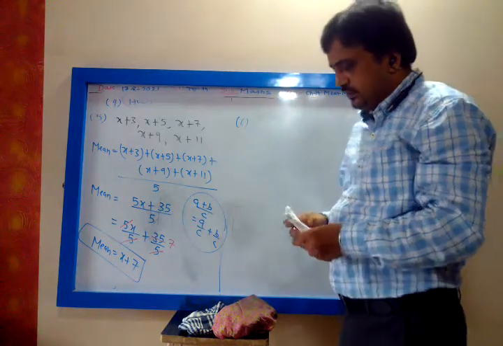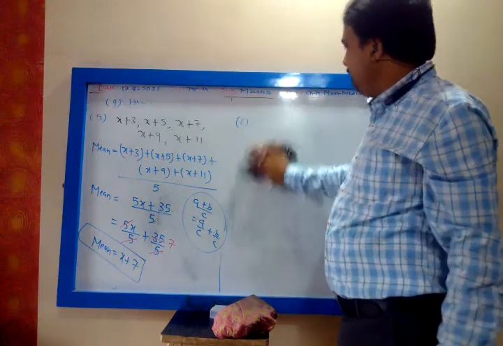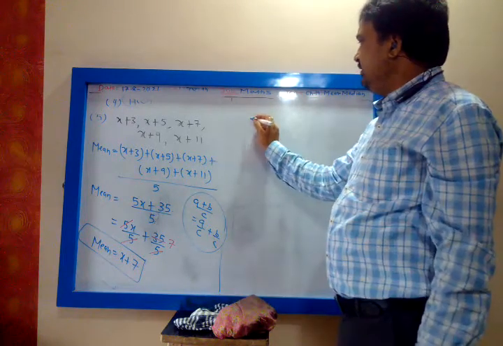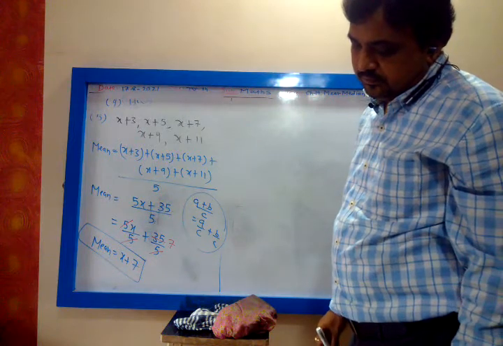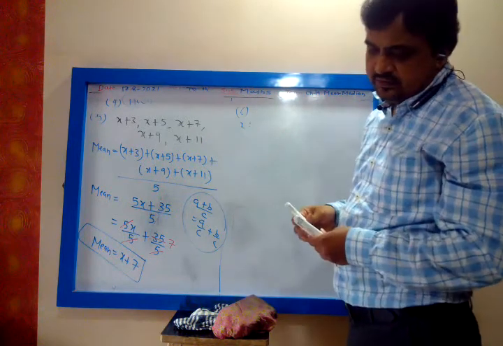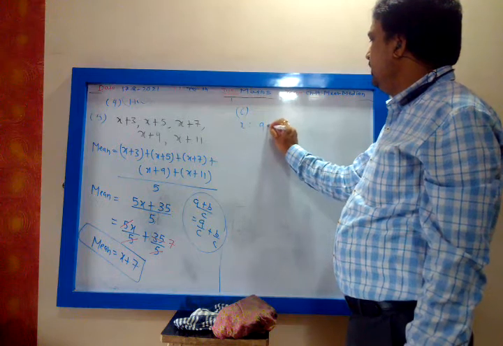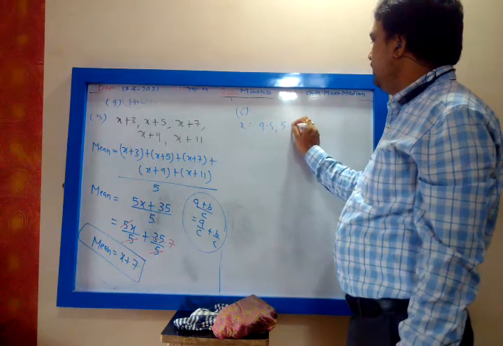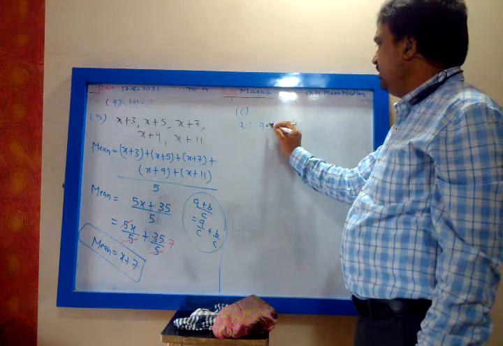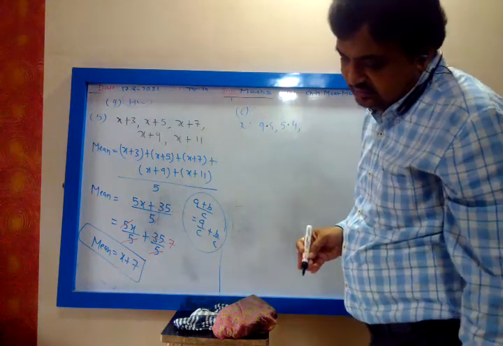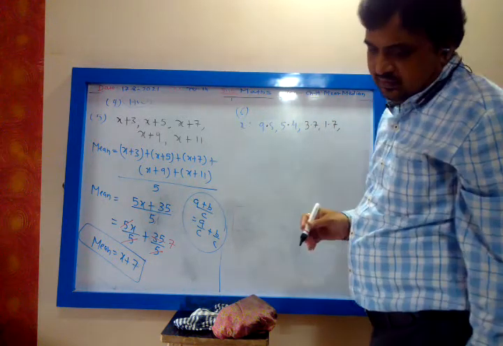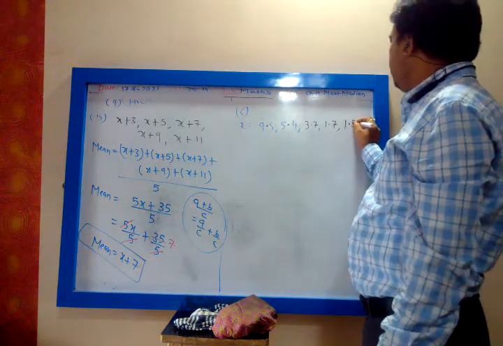X has different values: 9.8, 5.4, then 3.7, 1.7, then 1.8, 2.6.